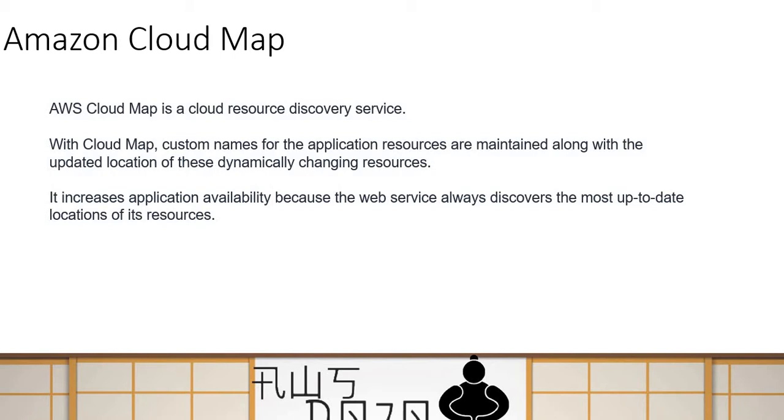And what you can do with Cloud Map is configure these services in Cloud Map with custom names and custom properties, and then you can use Cloud Map to discover your services dynamically, and then use that discovery to find your service and then call the actual service.